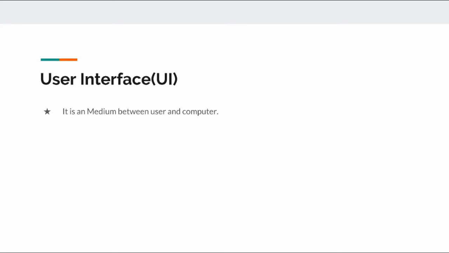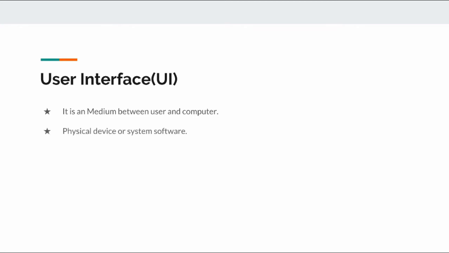The operating system is a type of user interface. It is an interface, as you studied in the last video, between user and hardware or computer. The same is true here. So user interface is the medium between the user and the hardware, the operating system or the computer.